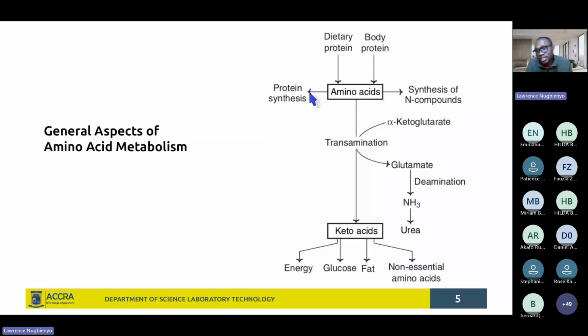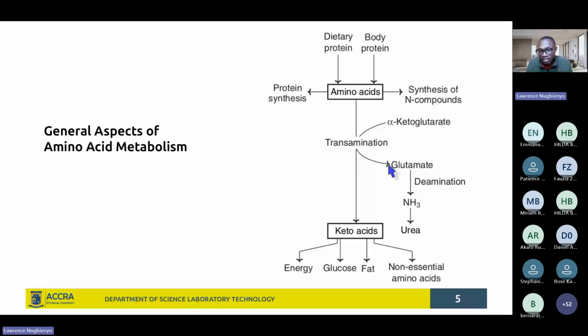Or you will have them going into the synthesis of nitrogenous compounds, or what you also refer to as azo compounds, which we talked about, like the nitrogenous bases, porphyrins, some coenzymes like the nicotinamide and flavin adenine dinucleotides. These amino acids will also undergo the process of transamination, where there is a transfer of the amine group onto alpha ketoglutarate to give you glutamate or glutamic acid. And when that happens, it means you are going to get keto acids from the amino acids.